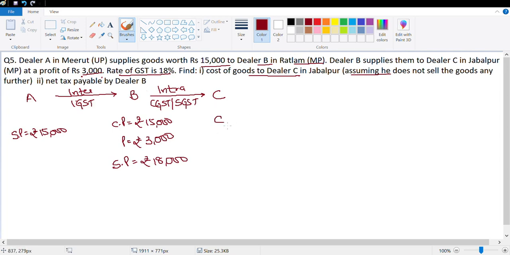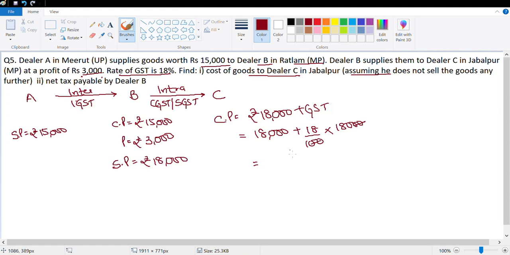So cost price for him will be equal to rupees 18,000 plus GST. Let's calculate that. That will be 18,000 plus GST at the rate of 18%, so 18 upon 100 into 18,000. So this goes 18 square, that's 324.